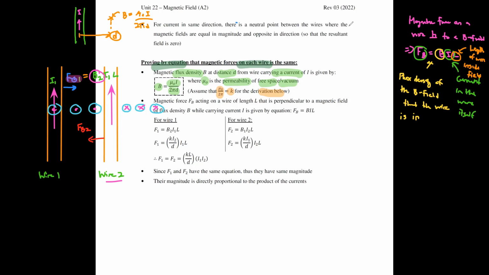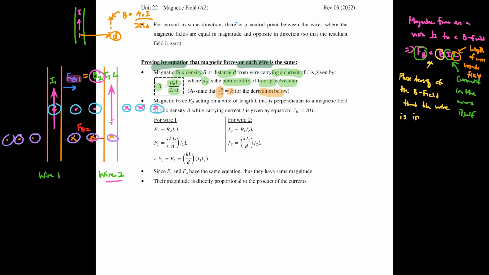So let me just redraw the diagram with the magnetic field indicated. Wire 1 produces its own magnetic field, where the left part would have the magnetic field coming out of the plane of the page, whereas on the right part, the magnetic field will go into the plane of the page.